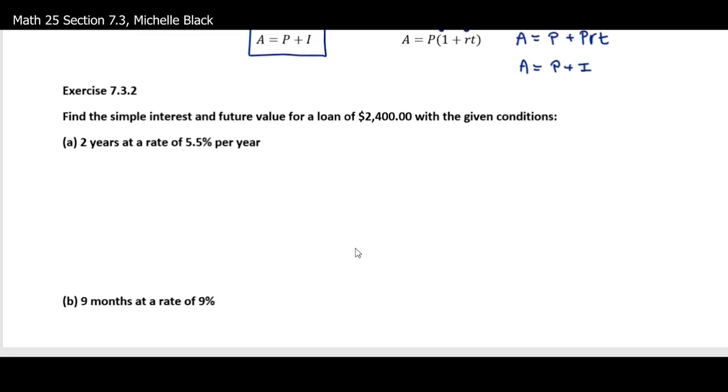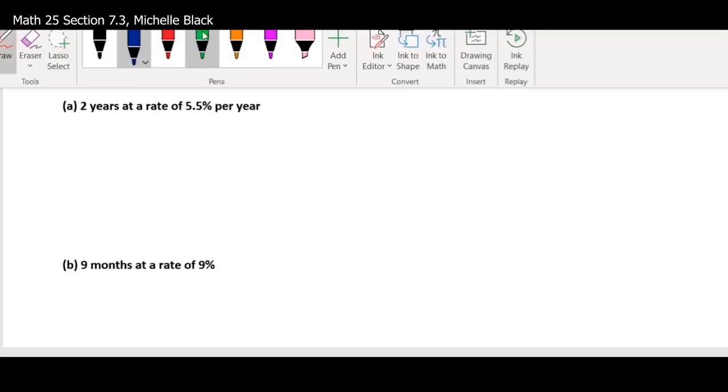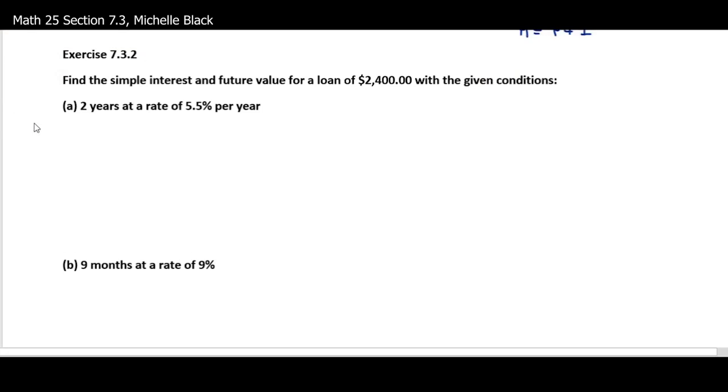Okay, exercise 2. Find the simple interest and future value for a loan of $2,400 with the given conditions. So the first one, we have 2 years at a rate of 5.5% per year.